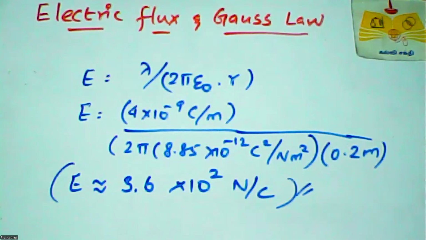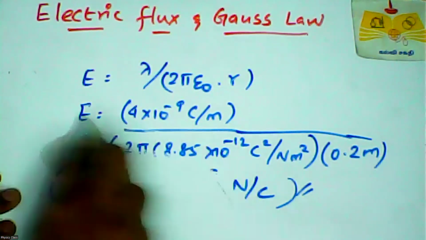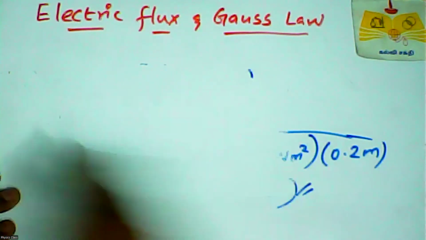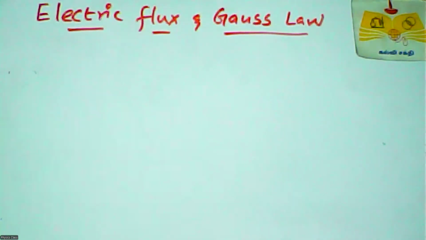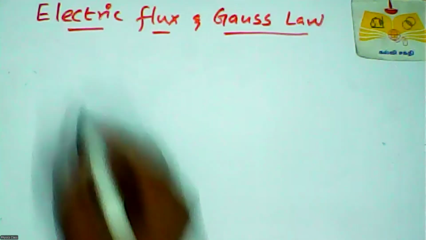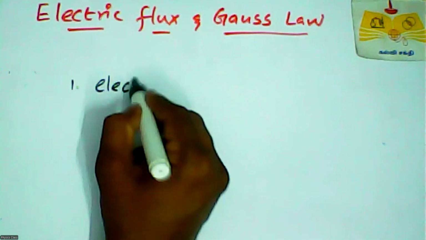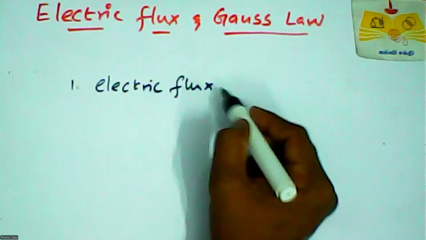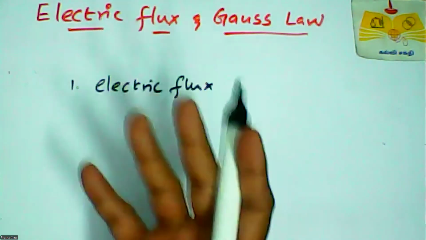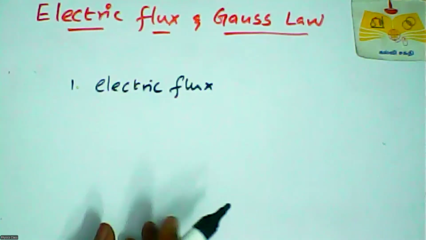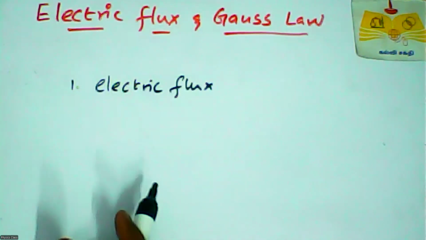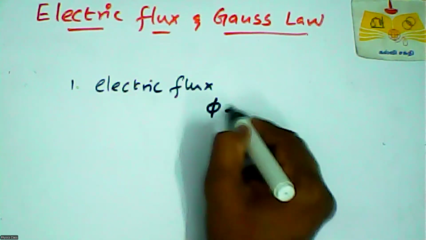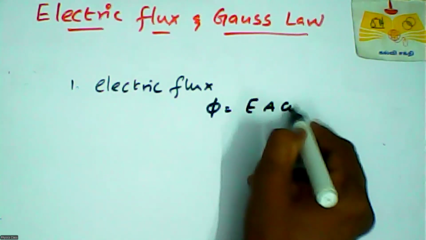To wrap up, let's quickly summarize the key points. First, electric flux measures the flow of electric field lines through a surface, given by the formula phi equals E A cos theta.